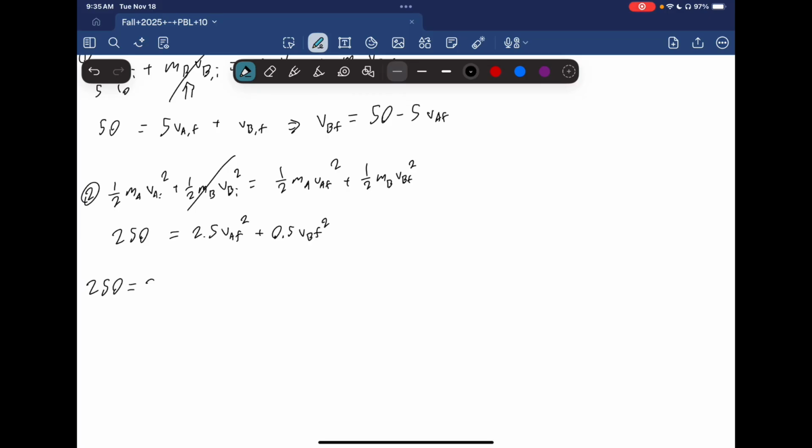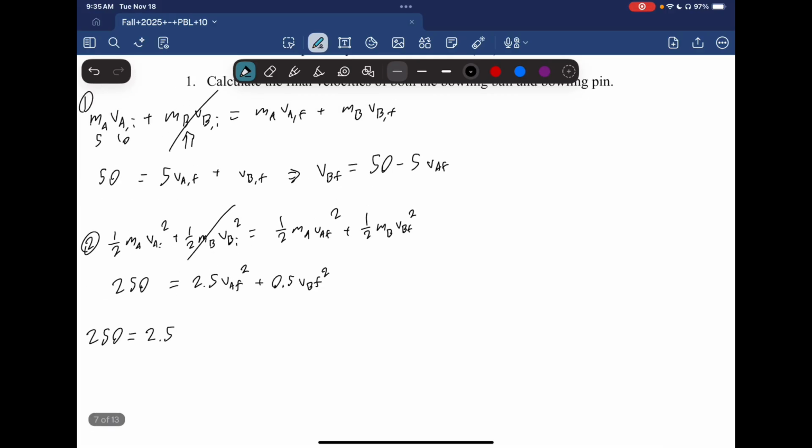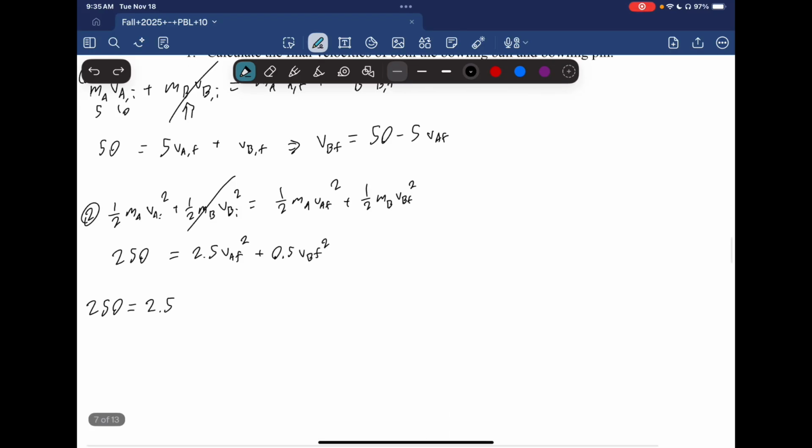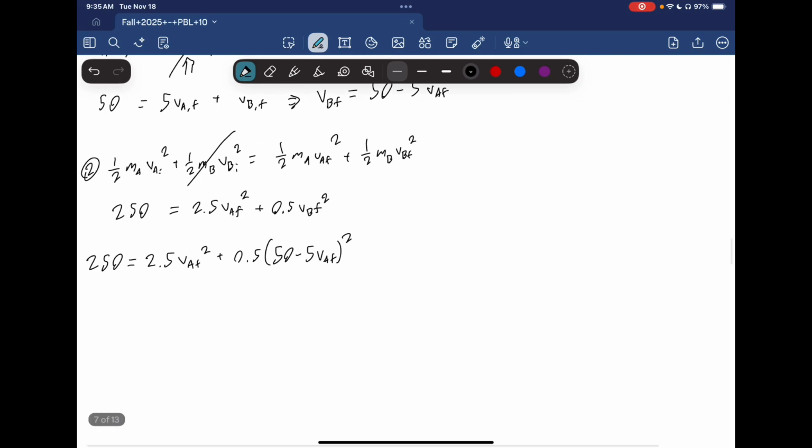So we end up with 250 equals 2.5 times VAF squared plus 0.5 times 50 minus 5 VAF squared.